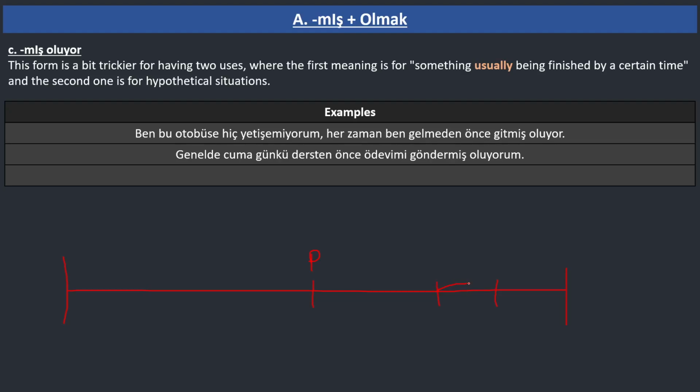There's a time between them. And this happens every time. So this is when I send my homework. This is when the lesson starts. Every day I send it, I have it complete before it starts. Okay, I hope that makes a bit more sense. So yes, that is correct.